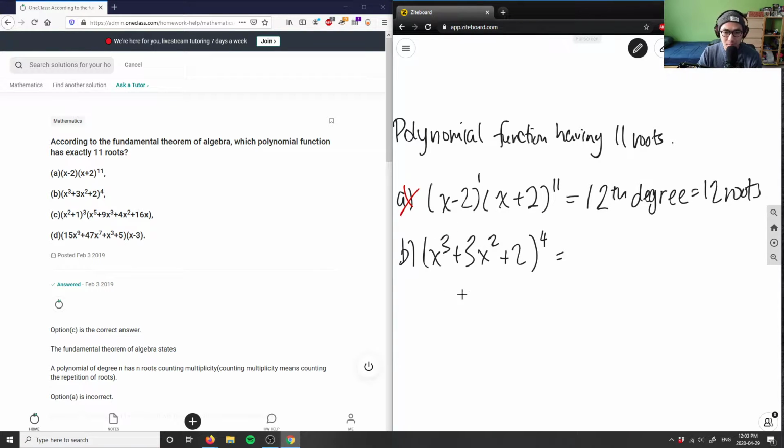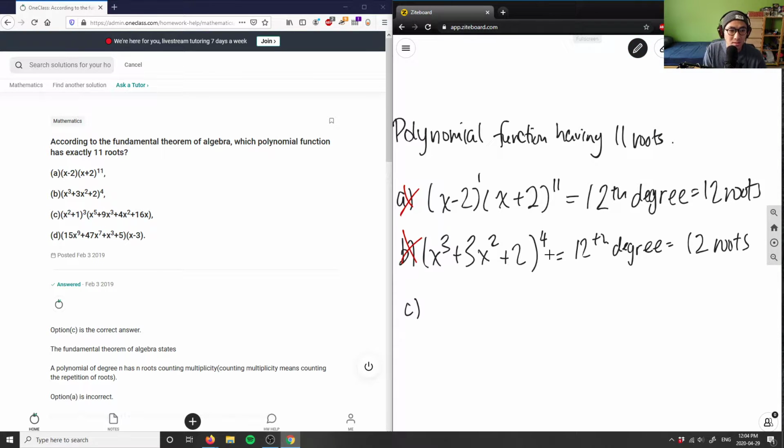We have a cubic function, x cubed plus 3x squared plus 2, which means the highest degree we can ever get is x cubed to the power of 4. Whenever we take the exponent by the exponent, we multiply exponents, so 3 times 4 gives me 12 again, and again we would have the 12th degree. In the 12th degree, this would be 12 roots again. So this here would not be our solution, because we are looking for 11 roots. This here is the incorrect solution.